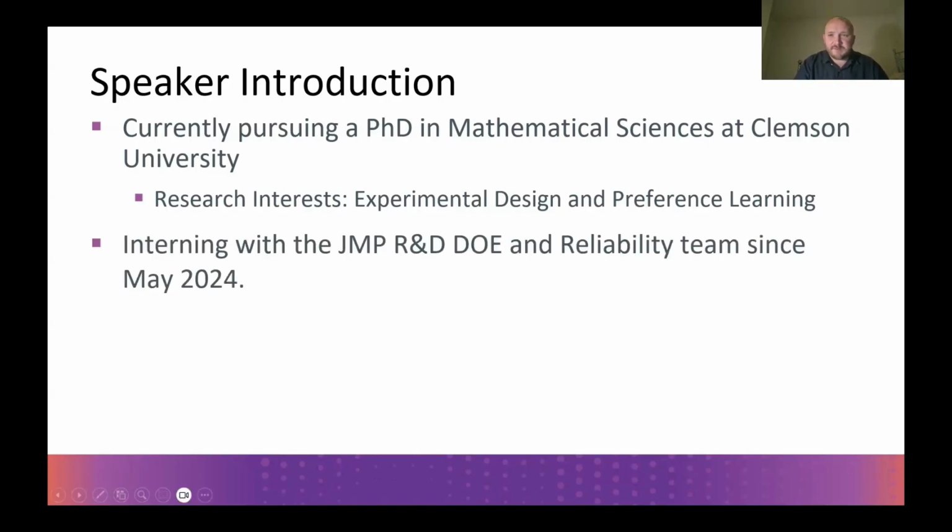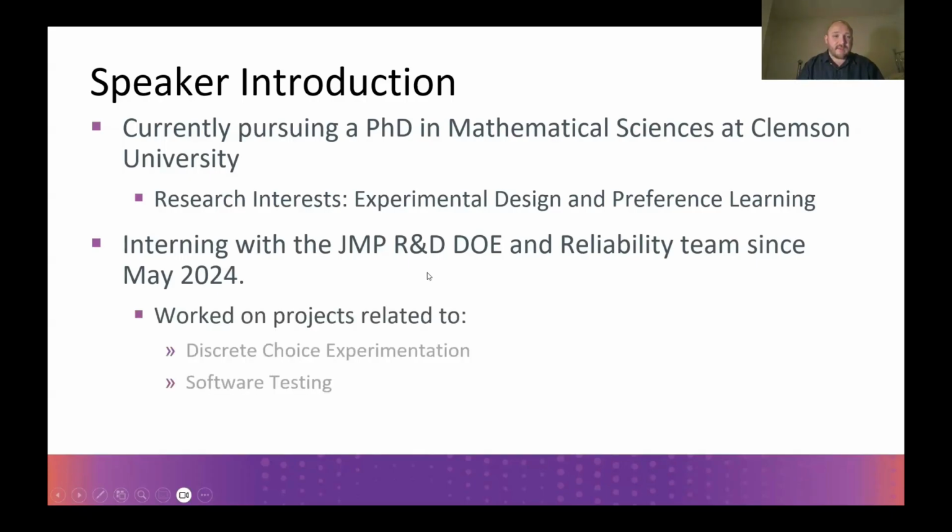And I've been interning with JMP's DOE and reliability team since the summer of 2024. During my time there, I've worked on projects related to both discrete choice experimentation and software testing. So kind of two pretty different fields.